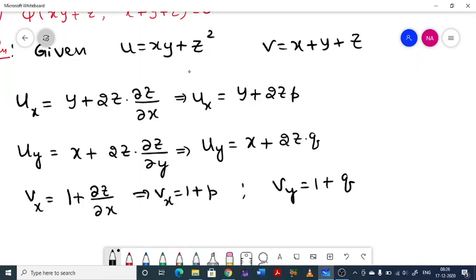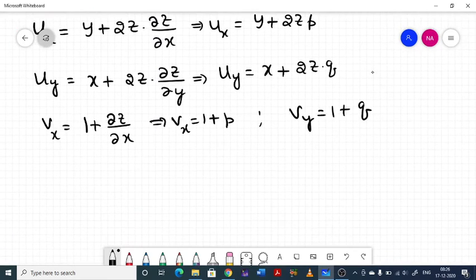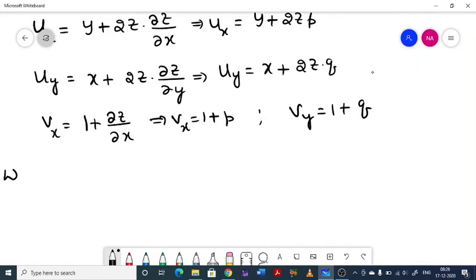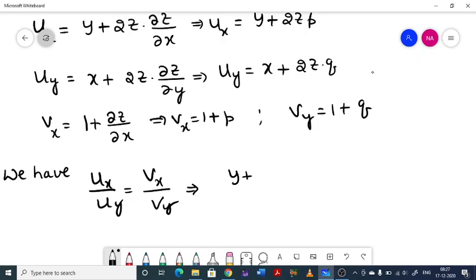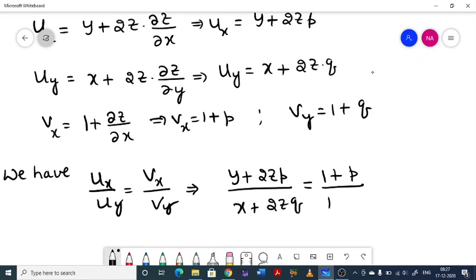Now using that relation, ux by uy equal to vx by vy. That implies ux, that is y plus 2zp, divided by x plus 2zq equal to 1 plus p divided by 1 plus q.